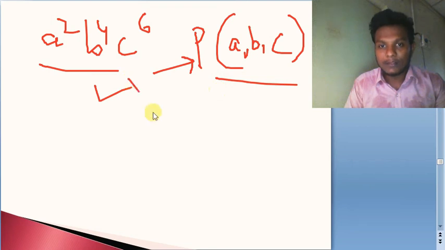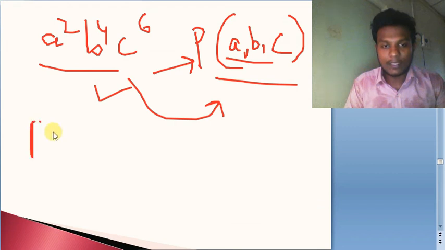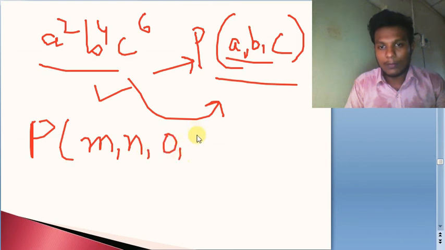So this is what we call the notation of the polynomial. How many variables are involved? In brackets we have to mention them, like p of, this is the notation. Let me take a last example: suppose p of m, n, o, p. How many variables will be there? 4 variables.